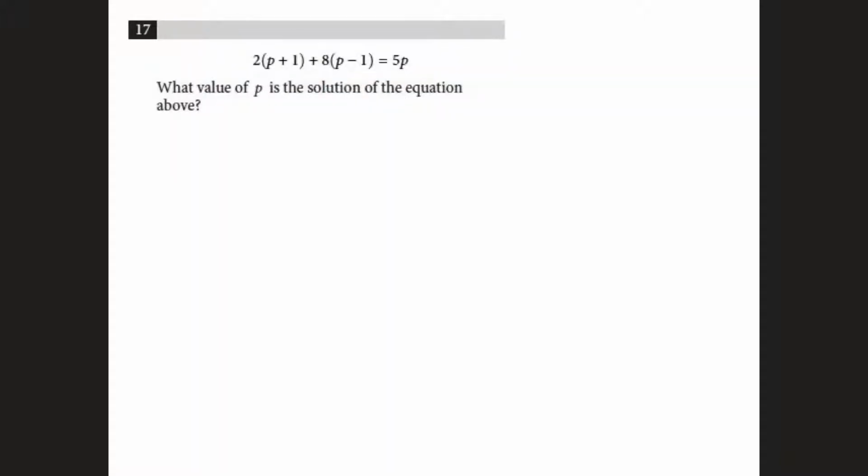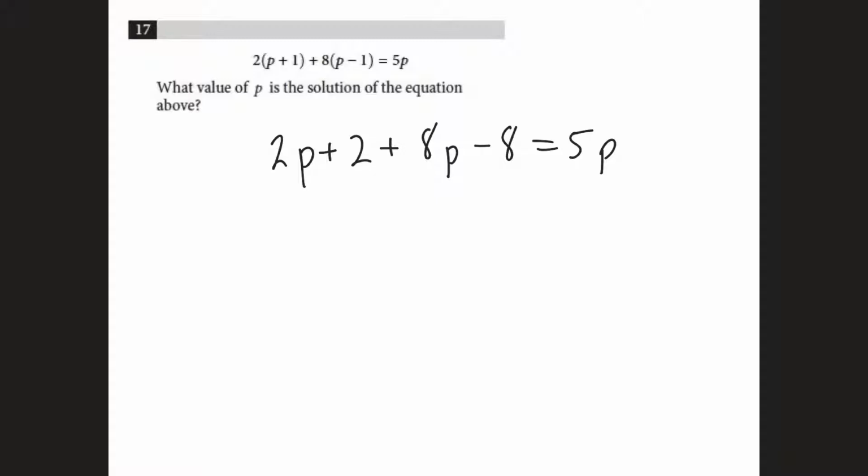Okay, let's see, number 17. What value of p is the solution of the equation above? All right, so for this, I think we'll just distribute. We're going to have 2p plus 2 plus 8p minus 8 equals 5p.